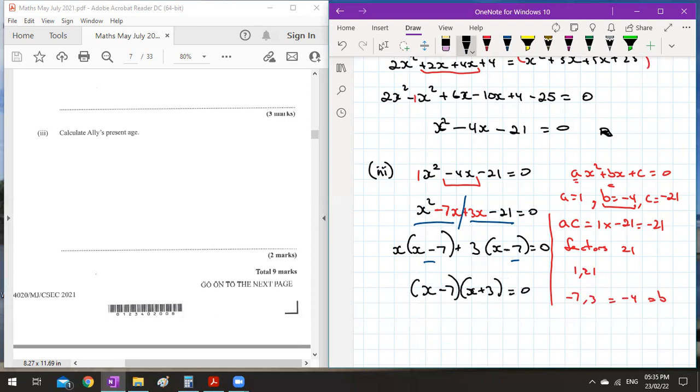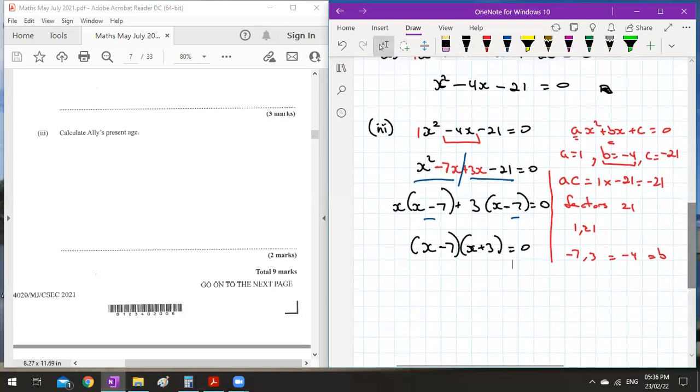Now we need to solve each bracket. There's a multiplier here, and for the answer to be equal to 0, one of these brackets has to be equal to 0 because 0 by anything is 0. So we say either x minus 7 is equal to 0 or x plus 3 is equal to 0.